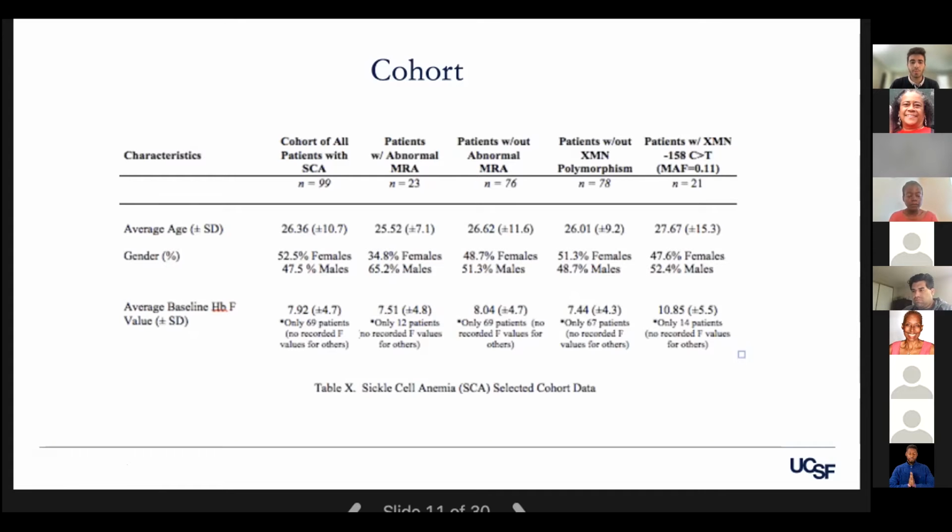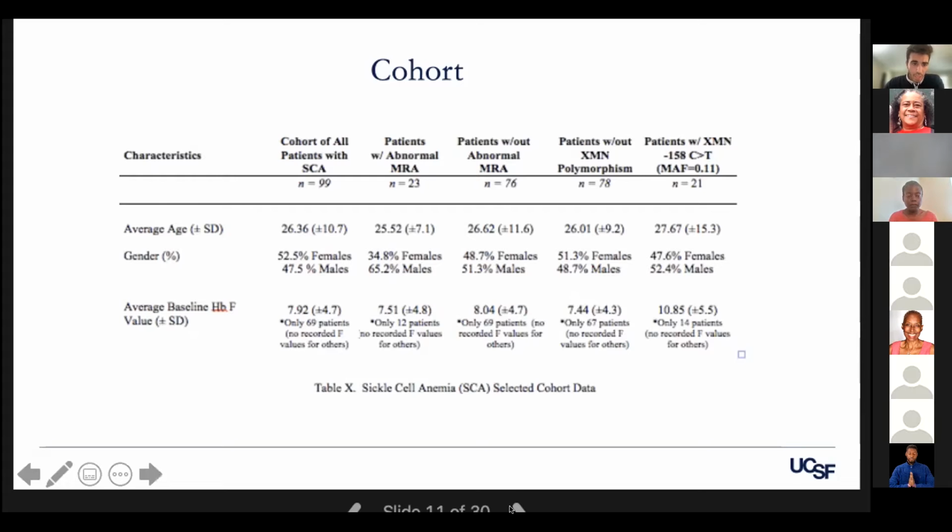So we grouped people who have abnormal MRA and stroke together because an abnormal magnetic resonance angiography test can lead to strokes, right? So it's a defect. And patients with no abnormal MRA and no stroke, we grouped together, okay?